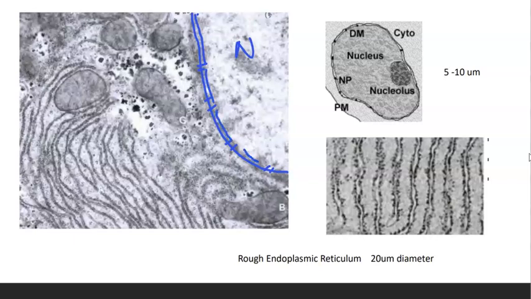So we have a double membrane in the nucleus like this. The nucleus is about 5 to 10 microns in diameter, depending upon its function. Double membrane around the outside. Pores in the membrane to allow molecules to go into and out of the nucleus.